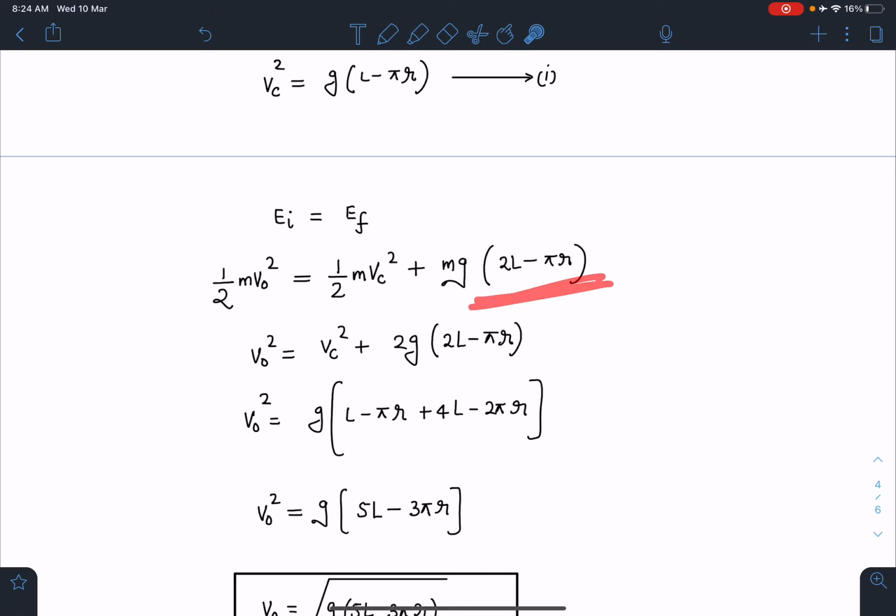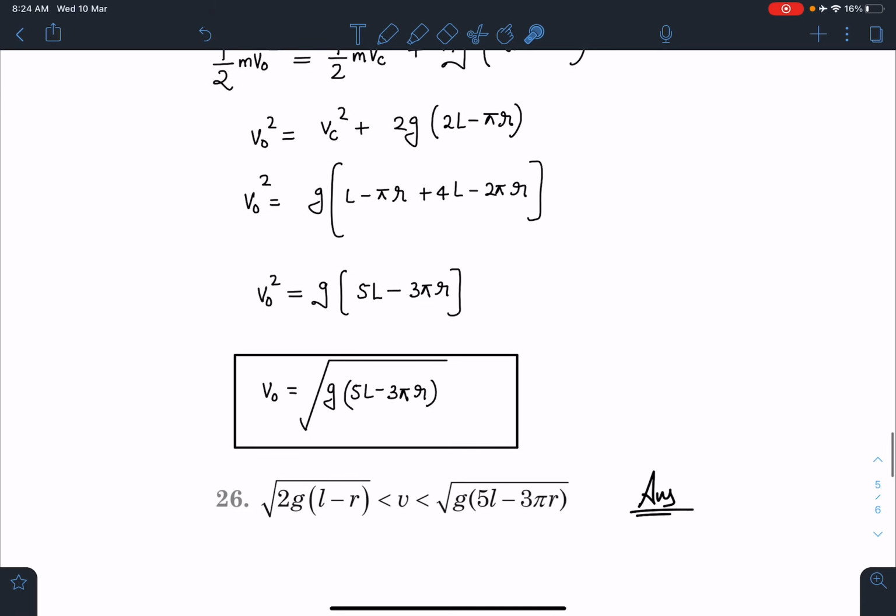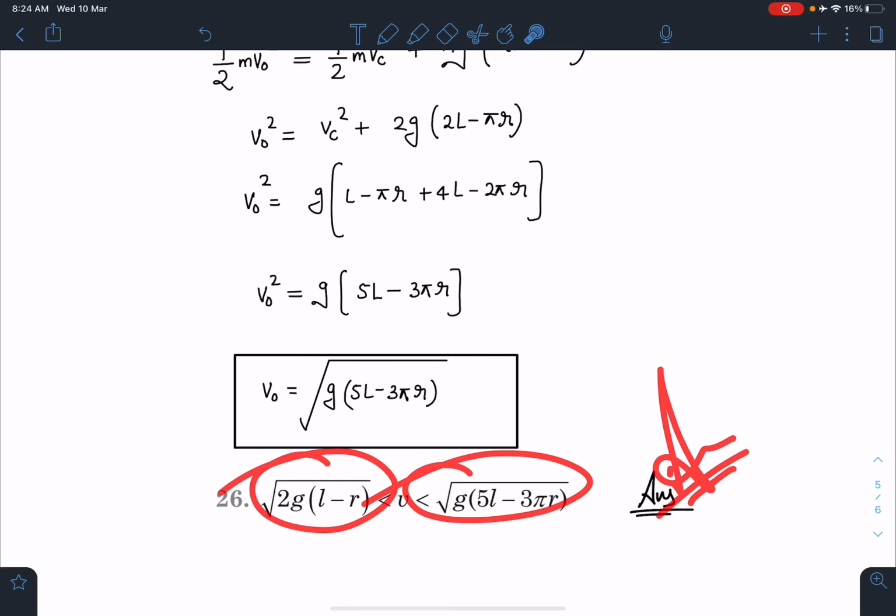Just see guys, when you further simplify, you are going to get V naught equal to root of g(5L minus 3 pi r). And from here you will understand that this V lies between the minimum and maximum. We know the minimum value, we know the maximum value as well. This is going to be the final answer for this problem.